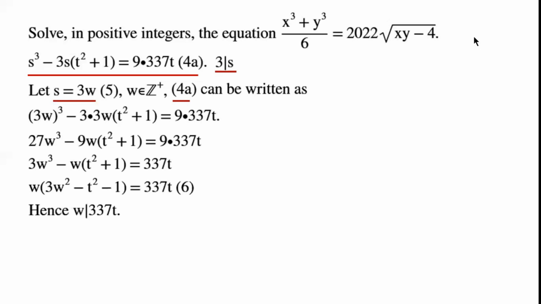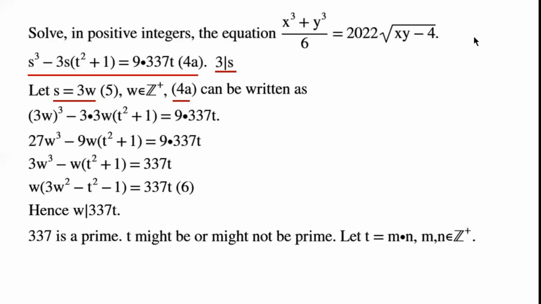Hence, w divides 337t. 337 is a prime. t might be or might not be prime.